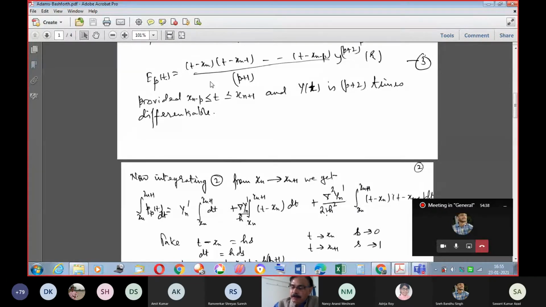Can you go for p equal to 2? So it will be yn plus 1 equal to yn. Let me write the left hand side in this form: yn plus 1 equal to yn plus the first term h yn prime, right?